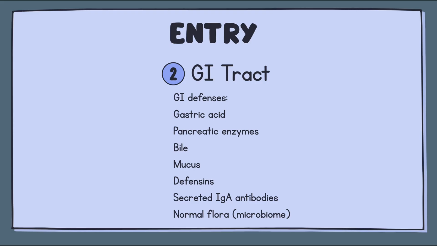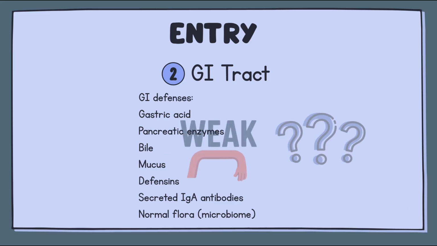So all of these mechanisms work together to prevent microbes from surviving and colonizing the gastrointestinal tract and causing an infection. However, if these defenses are weakened or lost, infection becomes much easier.